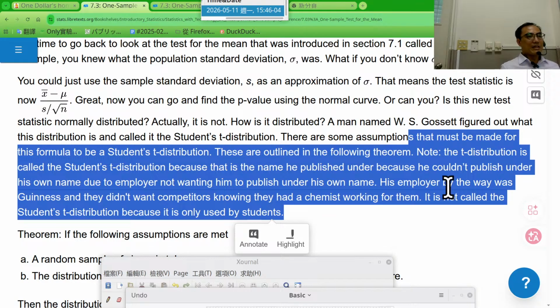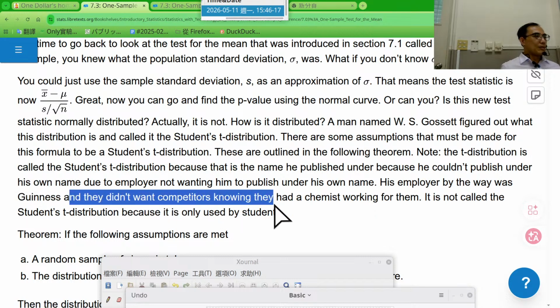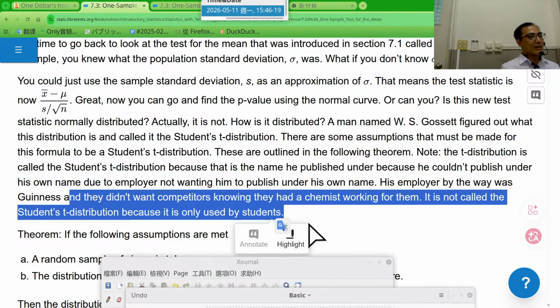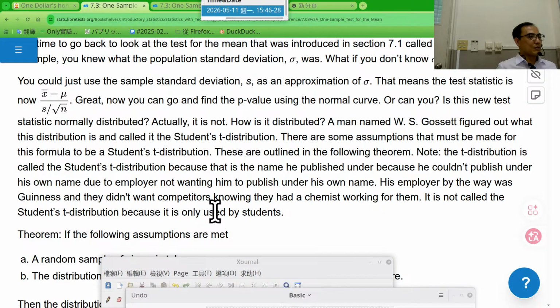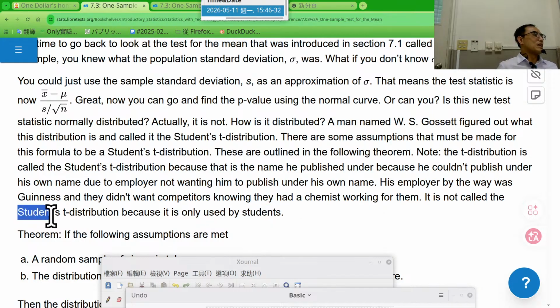His employer, by the way, was Guinness, a very famous beer brewer, and they did not want competitors knowing they had a chemist working for them. It is not called the Student distribution because it's only used by students. Student is the pen name of this gentleman.